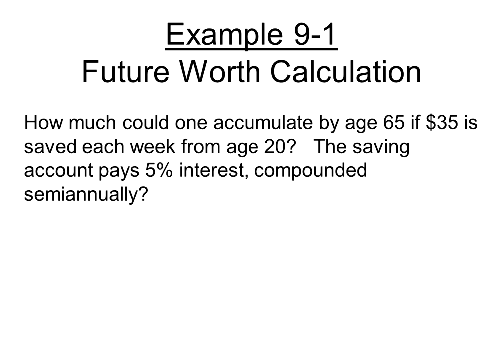And some of the information that's also included is that the savings account pays 5% interest compounded semi-annually. So when I look at this wording, I see right away that it says compounded semi-annually.